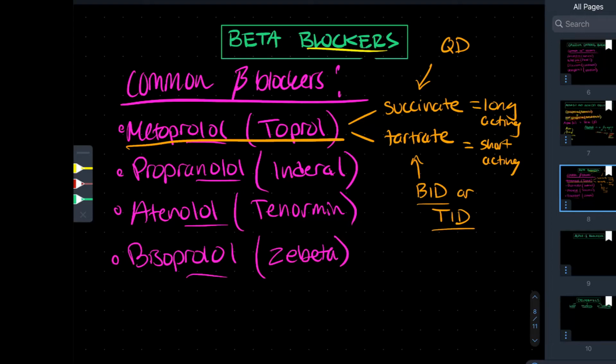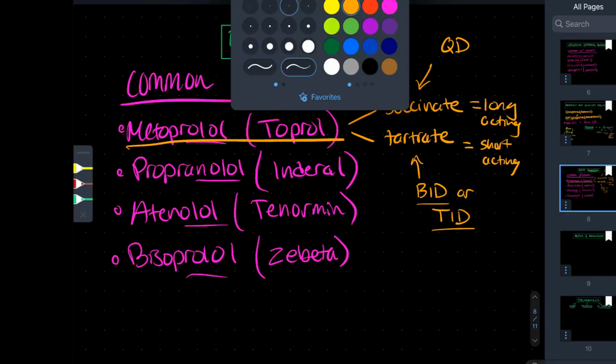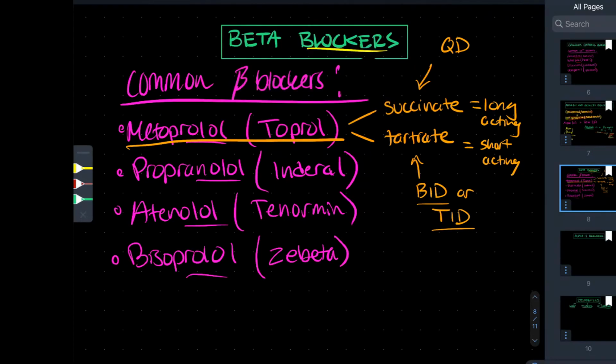Always check the salt form, because it's really important that they get the correct one. You don't want someone who takes tartrate to accidentally take 3 succinate tablets. That's way too much metoprolol, and then you could totally inhibit contraction of the heart, and that's really bad. We don't want to harm our patients, you know.